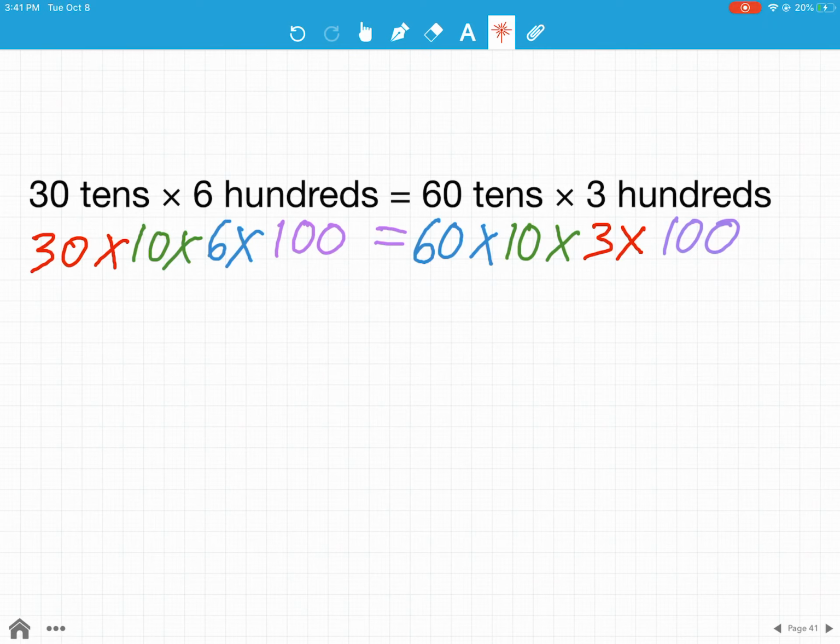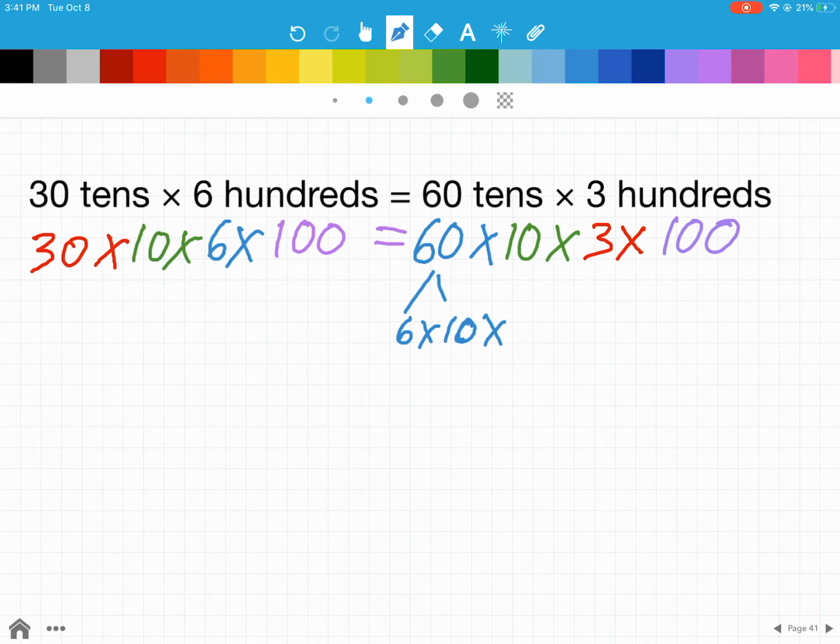If we look carefully, we can see we can group some of these. We can actually break this apart even more and make 6 times 10. And we can keep our 10.